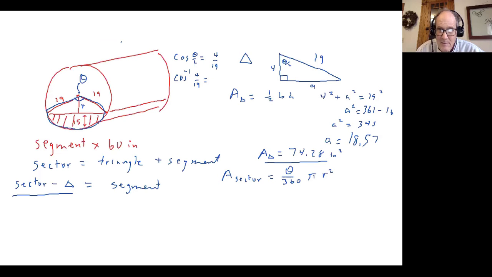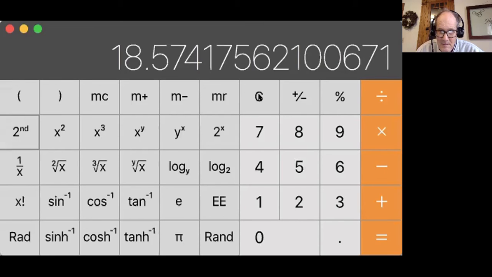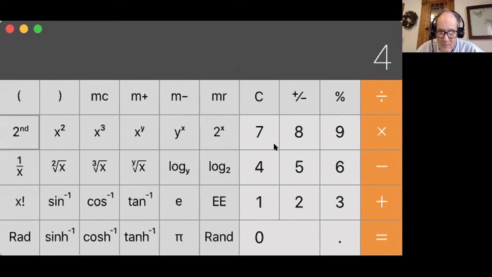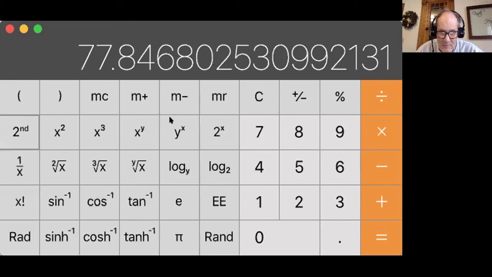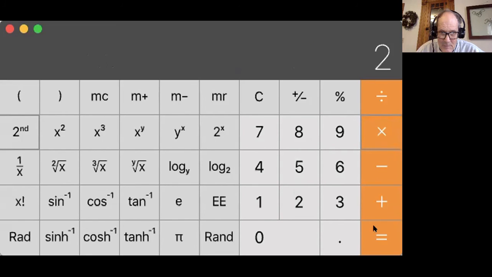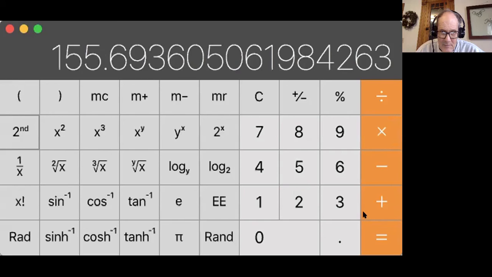Let's go to our calculator. So we've got 4 divided by 19. We see what decimal that is, then take the inverse cosine of that, and we get 77.84 degrees. Double that to 155.7, we'll call it.